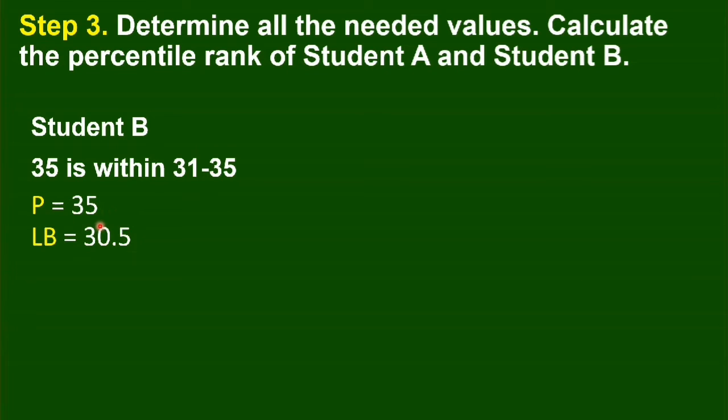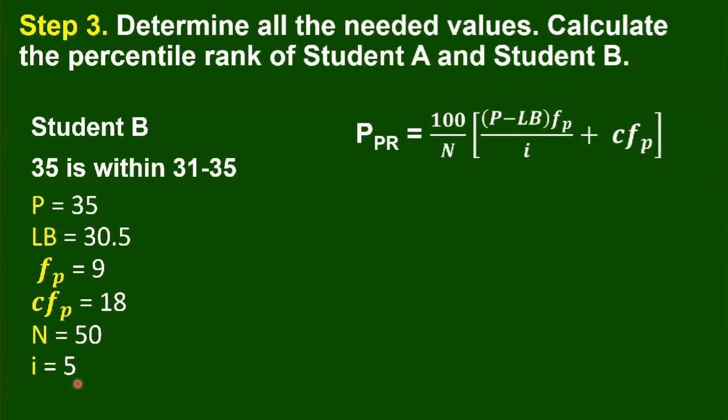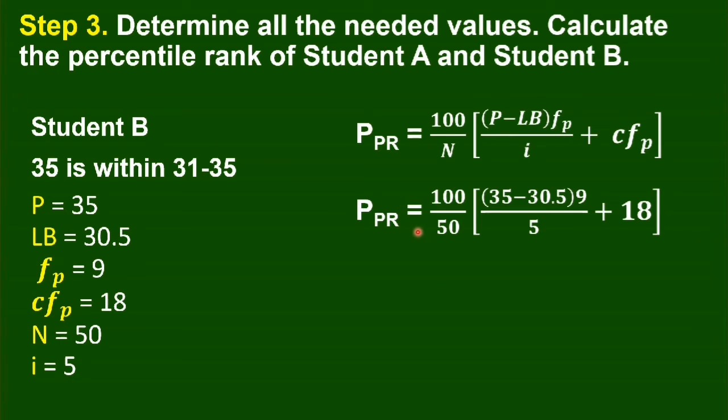So the raw score is 35. Lower boundary is 30.5. The frequency of the class containing the raw score is 9. The cumulative frequency before the class containing the raw score is 18. The total frequency is 50. And the size of the class interval is 5. So let's substitute the given values.